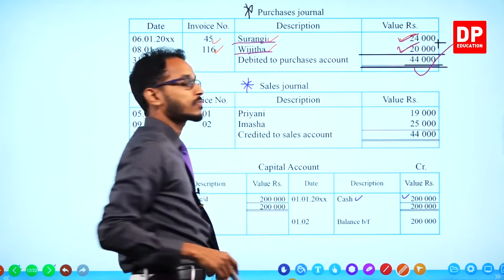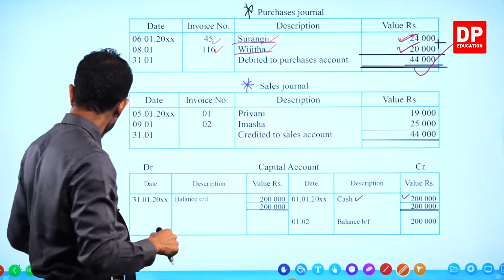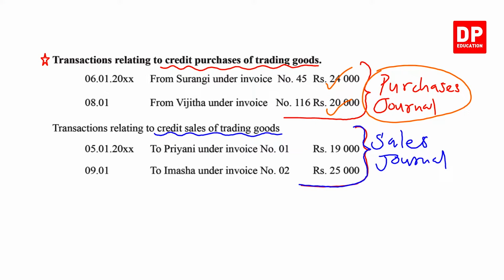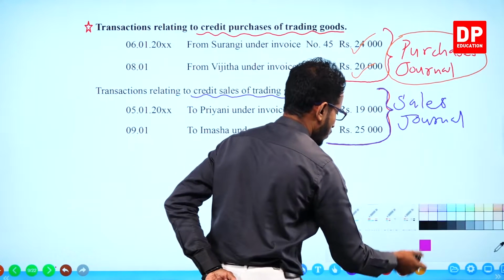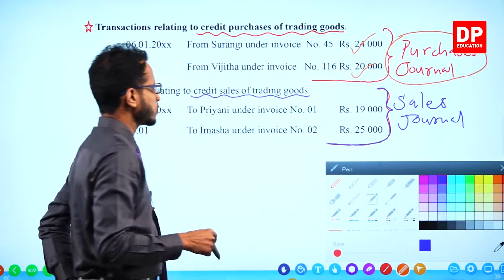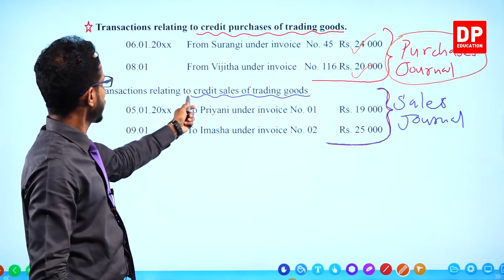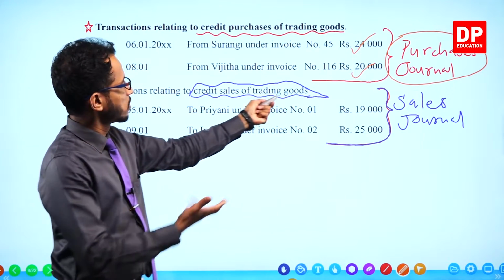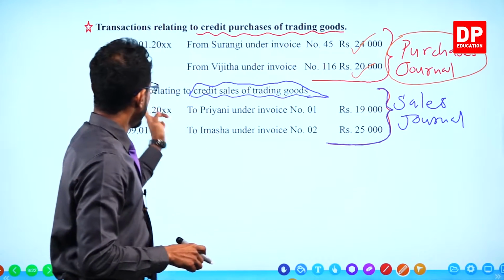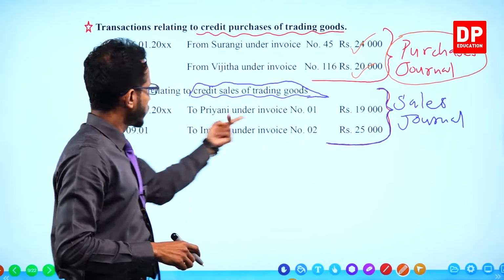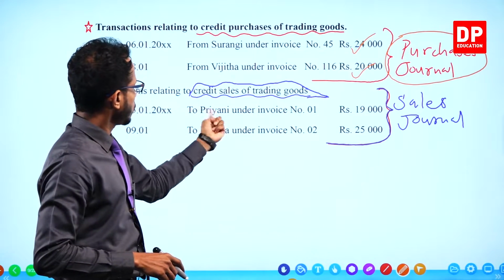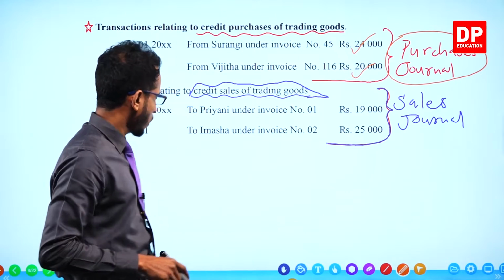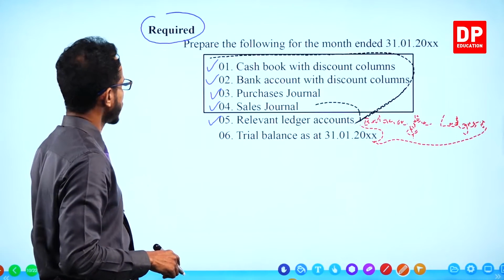Okay. Now the sales journal. Credit sales, go to sales journal. Credit sales of trading goods. Go to sales journal. We have first one, 19,000 to Priyani, invoice number 1.